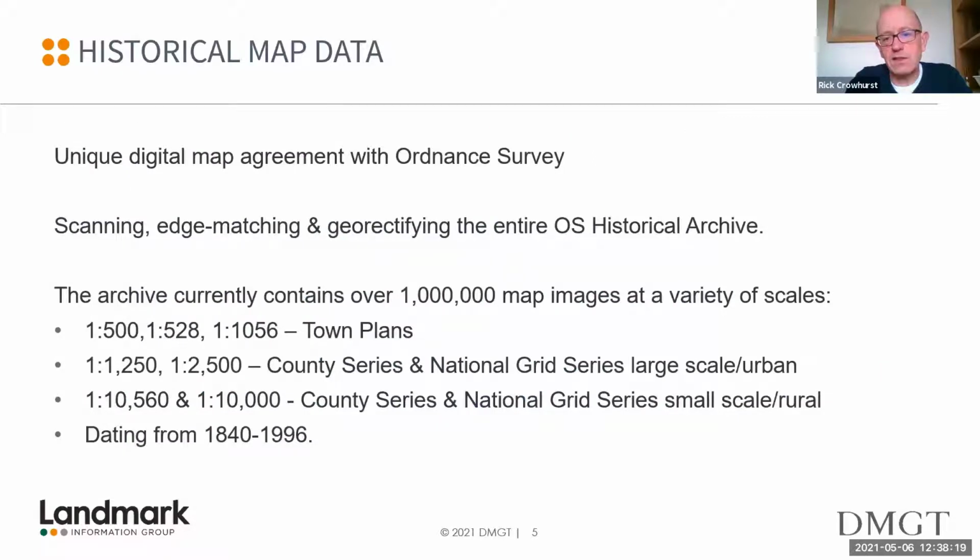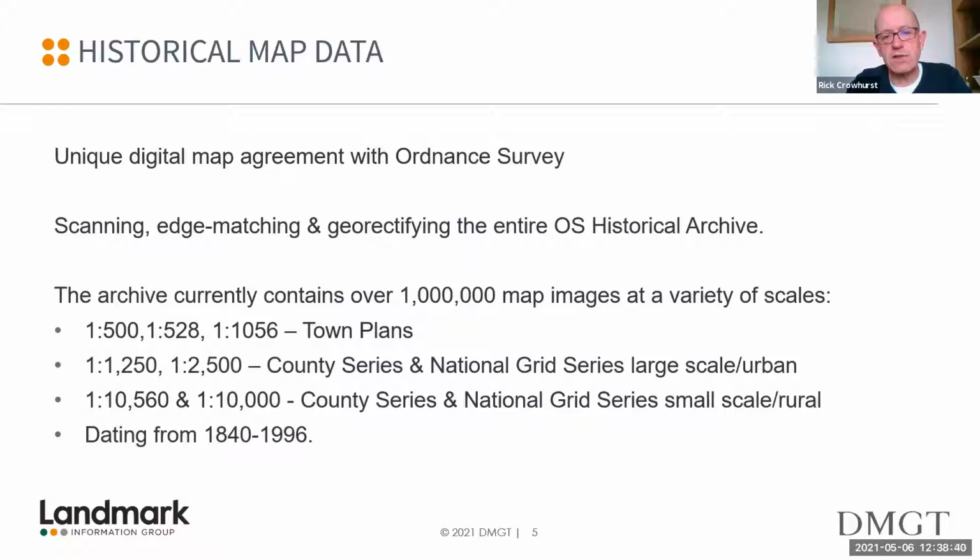But as you say, the archive, as we call it, we call it the Historical Map Data Archive. The heart of that is the Ordnance Survey Archive. So we have over 1 million Ordnance Survey images, ranging from large full sheets down to microfiche plans.